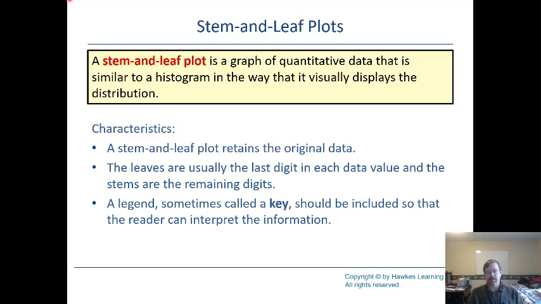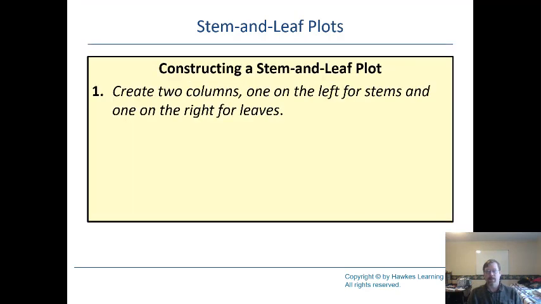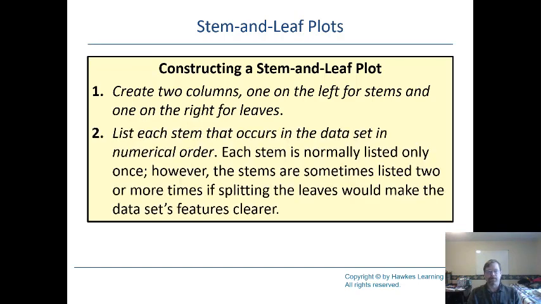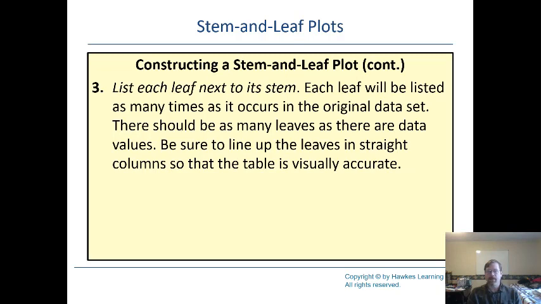Okay, so a stem and leaf plot is going to look a lot like a small table with two columns, one on the left for stems and one on the right for leaves. Each stem is usually listed only once, so you put stems down in the left column in numerical order, and you put each leaf next to its stem.